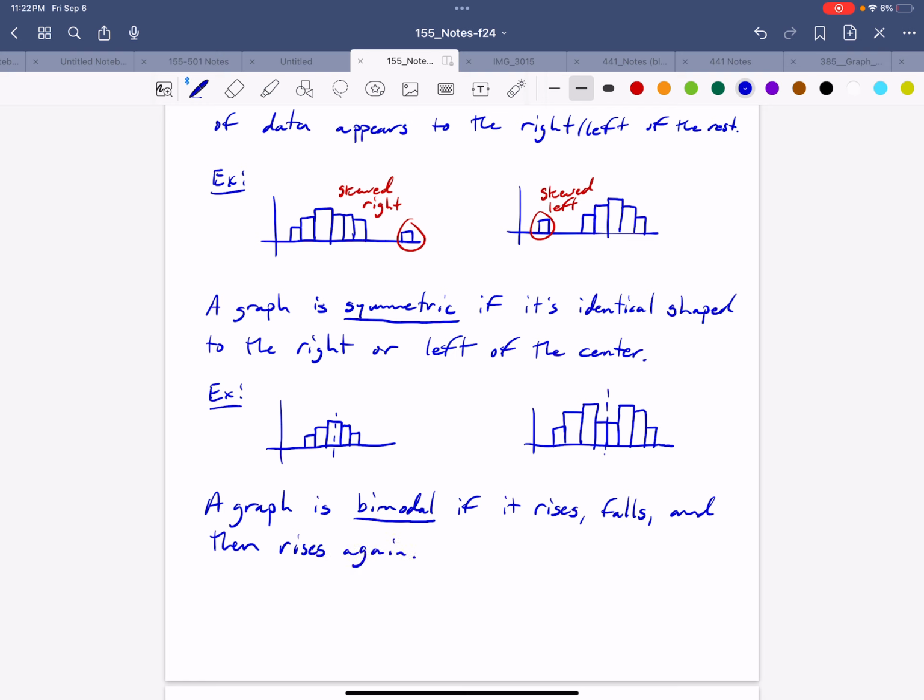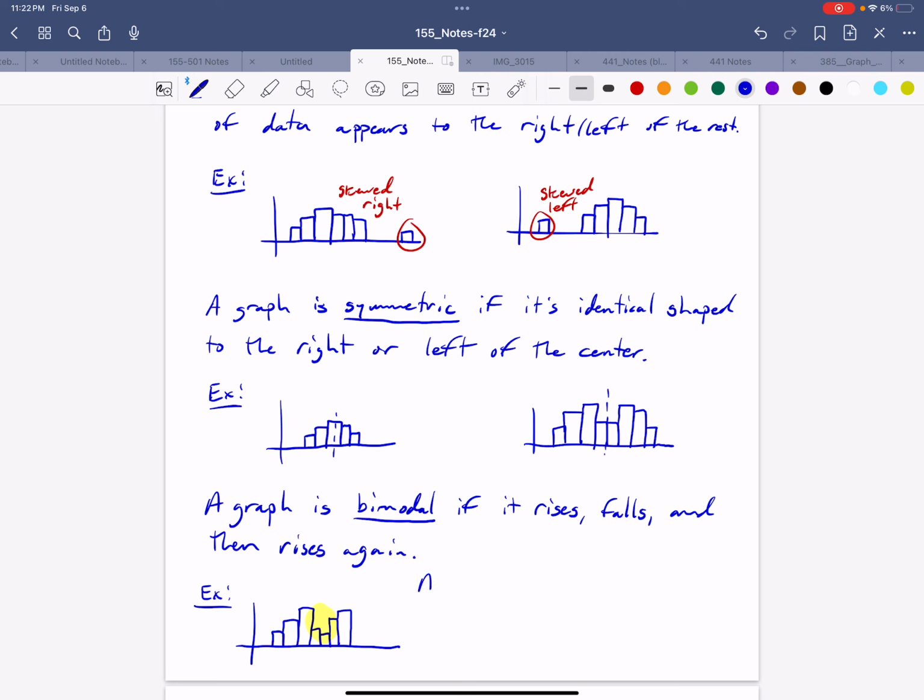Here's a quick example of this. Maybe I'll stick the example over here. So we rise, and then all of a sudden we fall a bit, and then all of a sudden we get bigger again. See how the graph right here dipped a bit? That right there is bimodal.